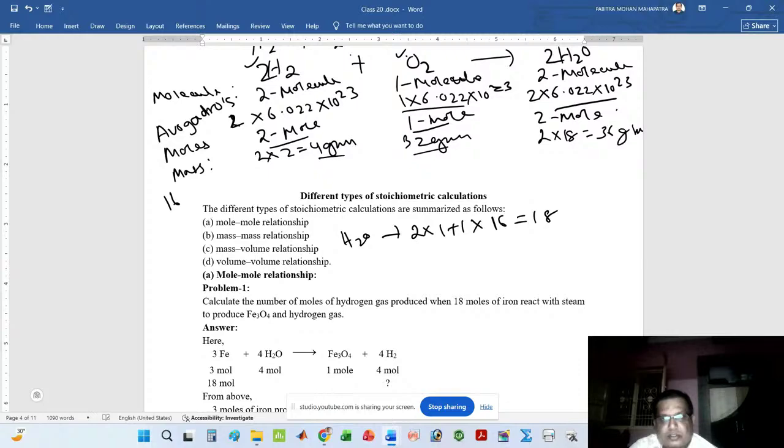If you want to express in terms of volume, look at that.